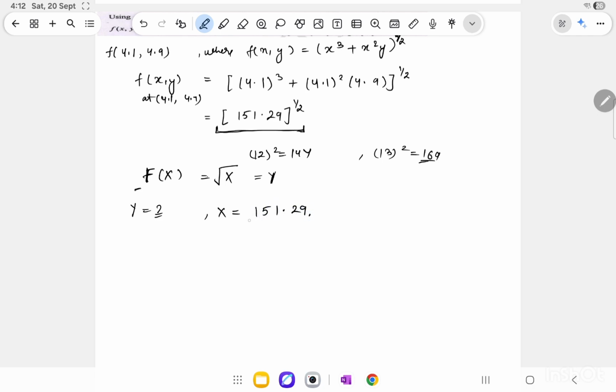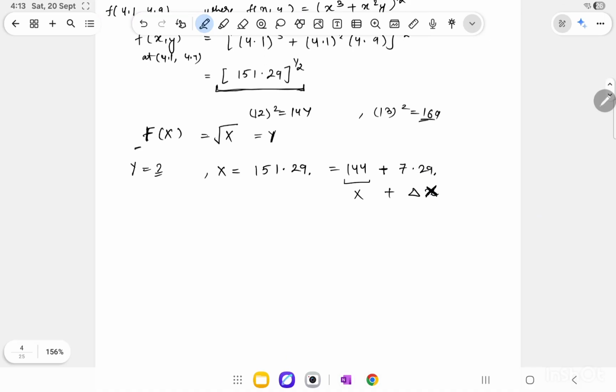Now I can write this capital X as 144 plus 7.29, that is, capital X plus delta X. Now I know that my capital X is 144 and del X is 7.29.